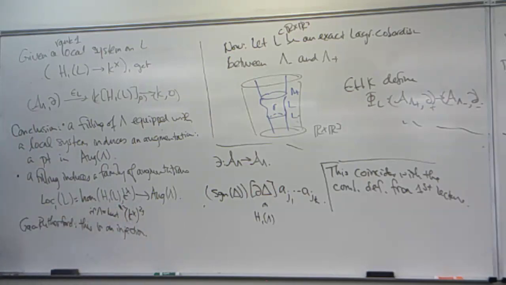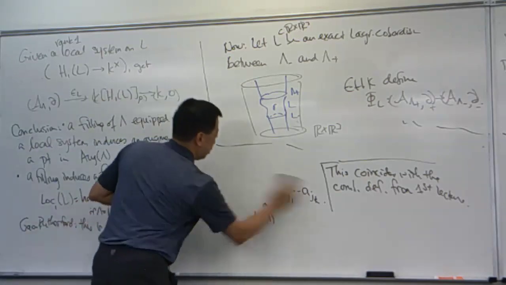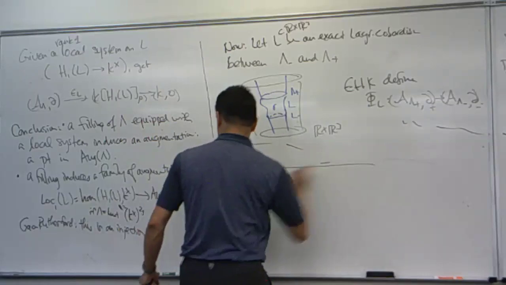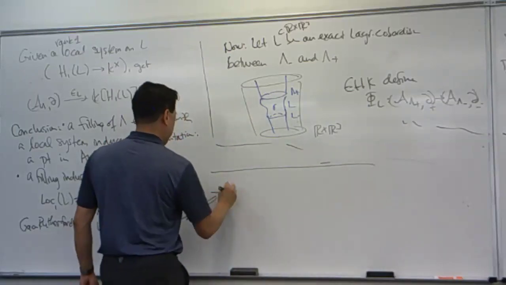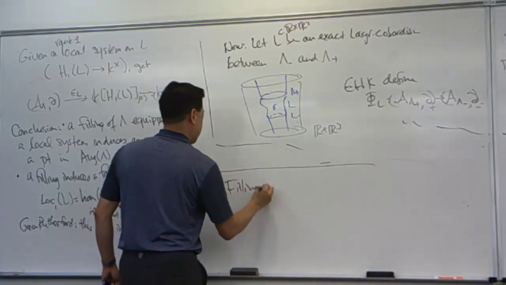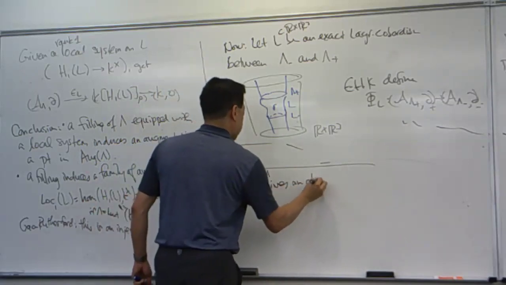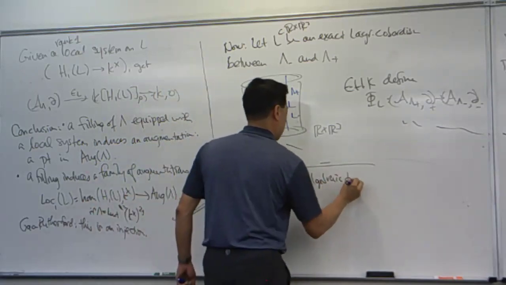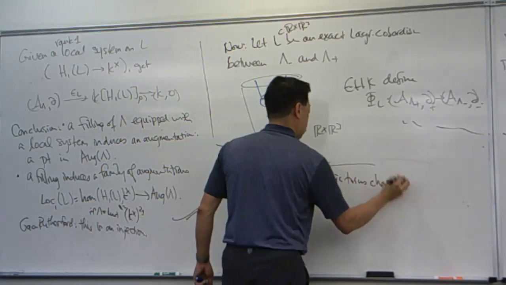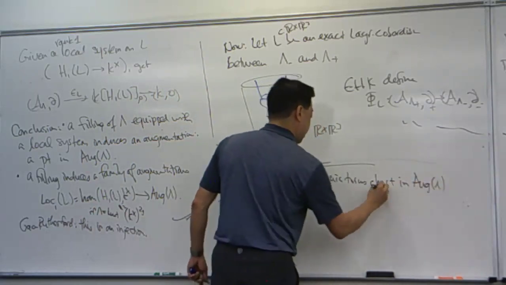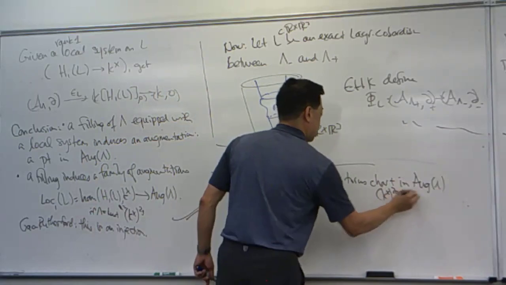So this is exactly an algebraic torus chart inside of the augmentation variety. A filling of lambda gives an algebraic torus chart, like K star to the 2g inside there.